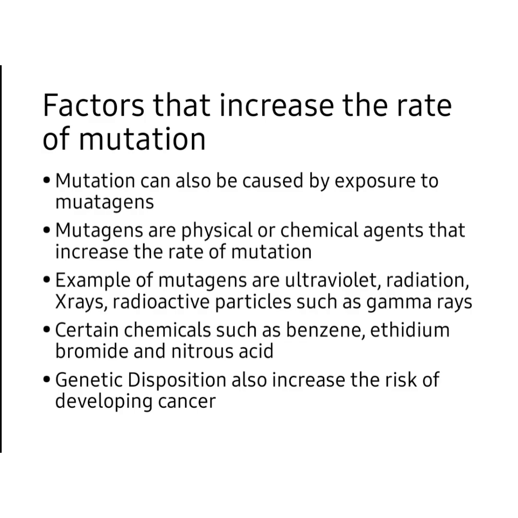I hope we all heard that too much exposure to sunlight will result in skin cancer. Radioactive particles such as gamma rays, certain chemicals such as benzene, ethidium bromide, and nitrous acid, and genetic predisposition also increase the risk of developing cancer.